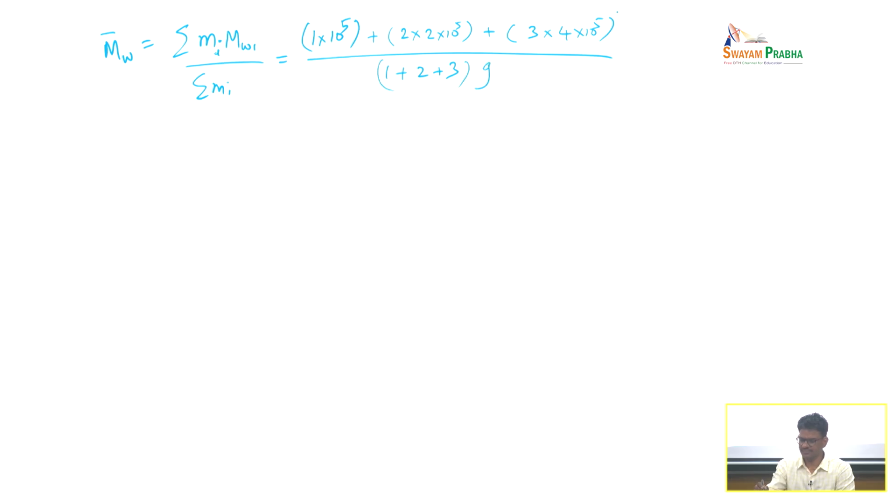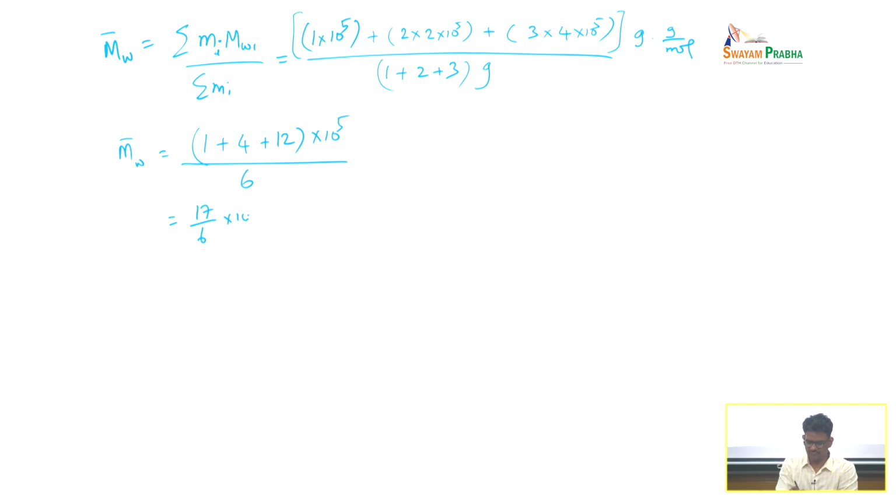So, this is in grams times gram per mole. So, we get 1 plus 4 plus 12 into 10^5 divided by 6. So, that is 17 by 6 × 10^5. So, this is 2.83 × 10^5 Daltons.